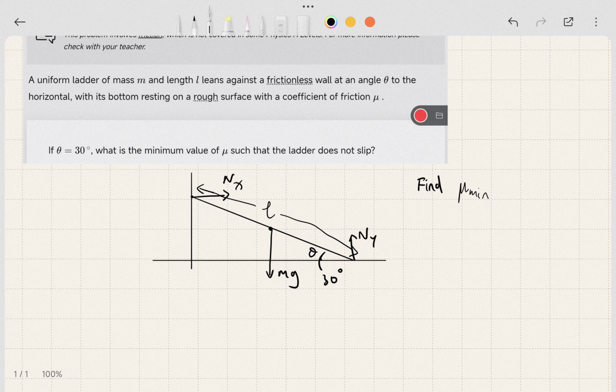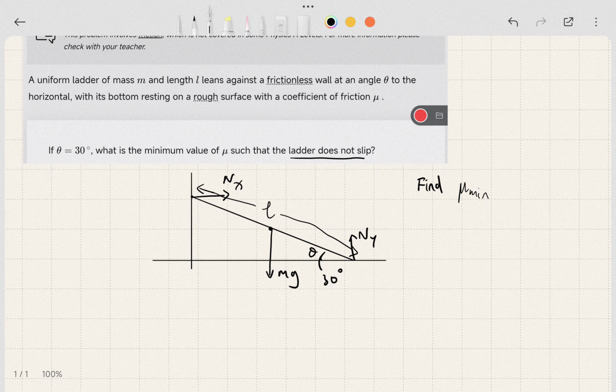And what this would mean is that if it does not slip, the forces within the system are all balanced. So what we need to do is really balance the forces, right?